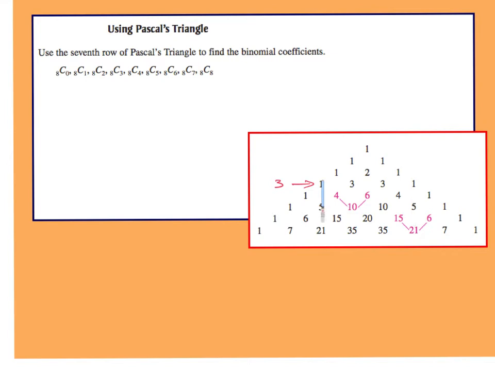So this one's 0, and then this one's 1, and this one's 2, and then this one is 3. Does that make sense? So if I have a 7th degree, how many terms am I going to have? I'm going to have 8. If I have an 8th degree, how many terms is it actually going to give me? 9, because we start out at 0.